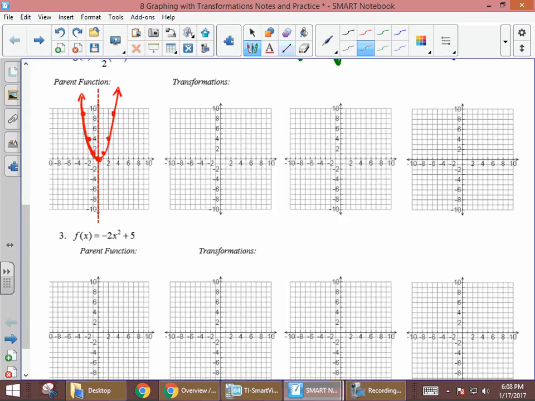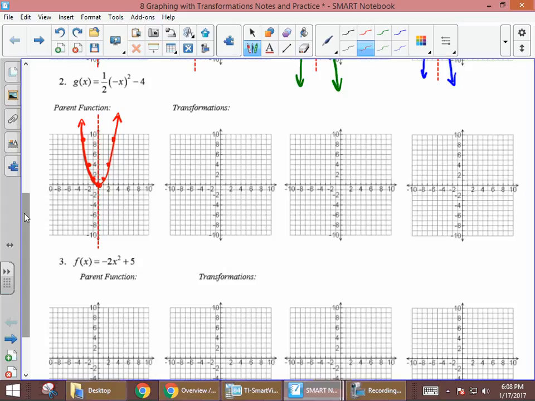The first transformation, we have a negative inside. So it's going to reflect, that's this negative, reflect over the y-axis. The picture will not change at all because really this left portion right here of the graph is going to become the right portion of this graph.